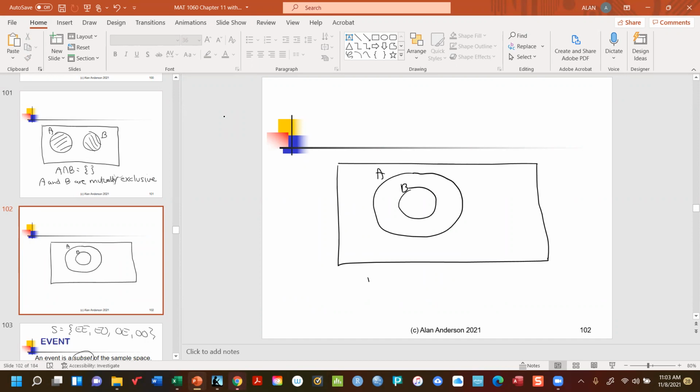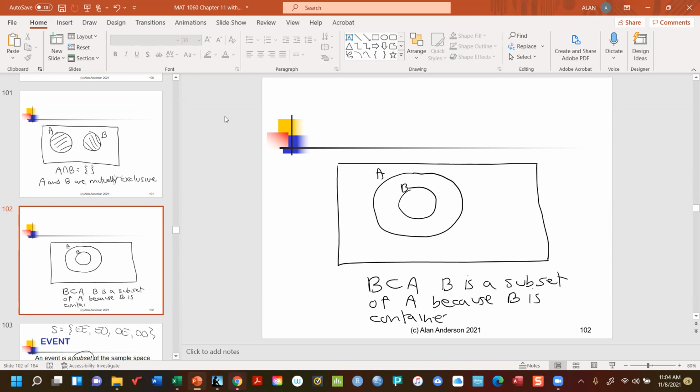So in this case, B is a subset of A, because B is contained within A. Just like my example of the art majors at SUNY Purchase and the entire student body, the art majors would be B and A would be the entire student body.